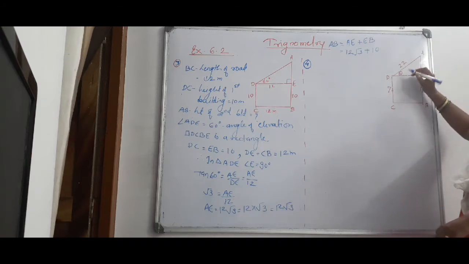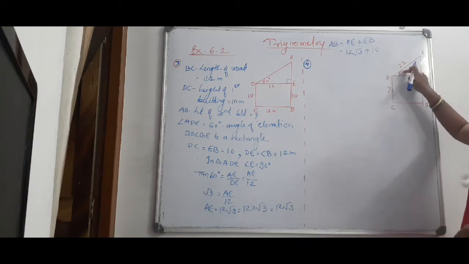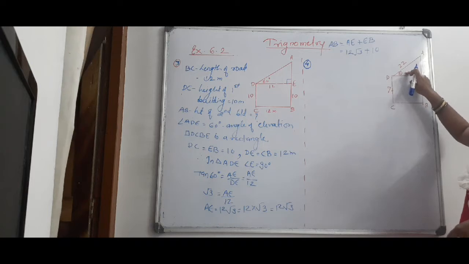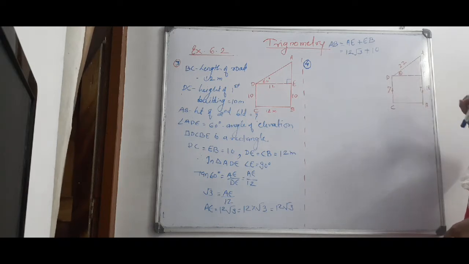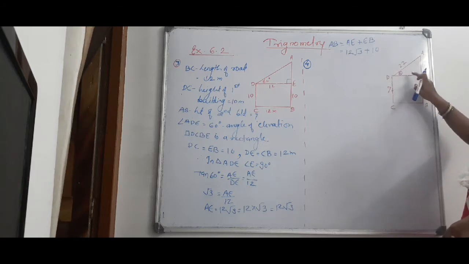And you have to find out the angle theta. What you have to find out? Angle of elevation. What is given? Height of first is 7, height of second is 18. AB is 18, DC is 7. You have to find out theta.